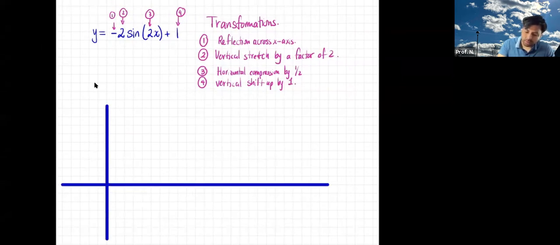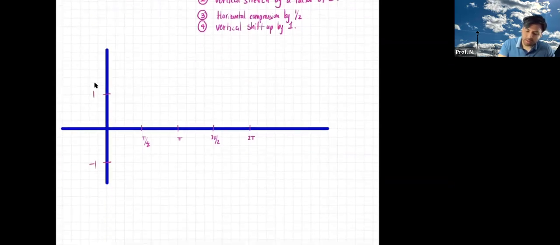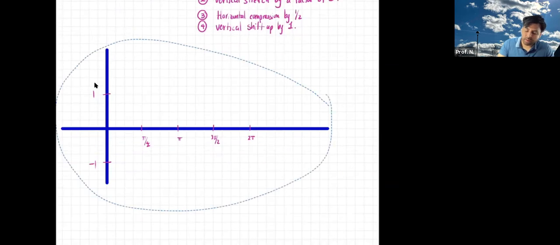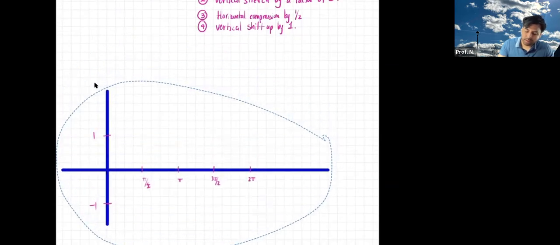So again, I'm just going to briefly draw this. This is 4 pi, root 2, pi, 3 pi over 2, 2 pi. And then this will be 1, -1. I might have to make a few more, something like this.